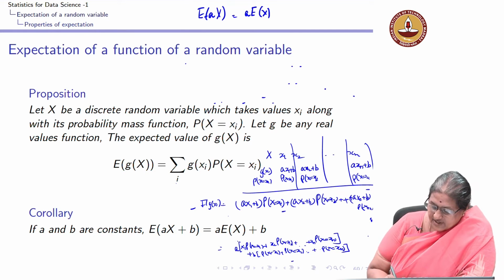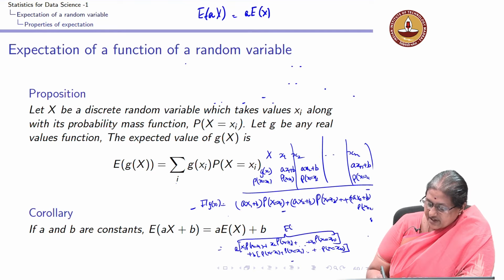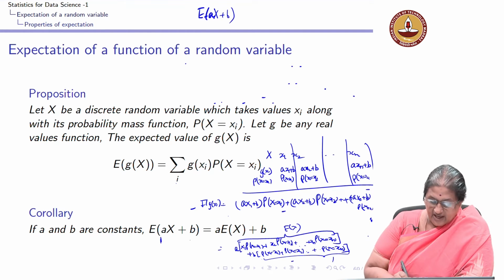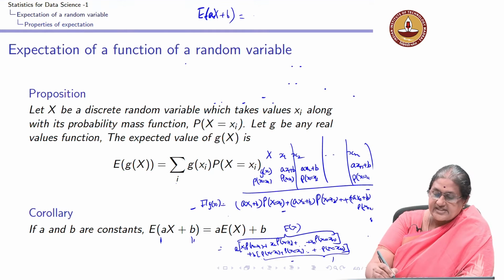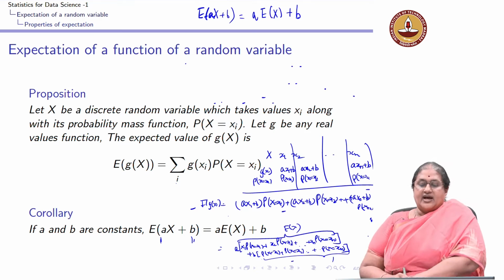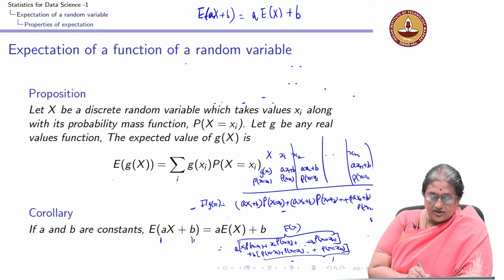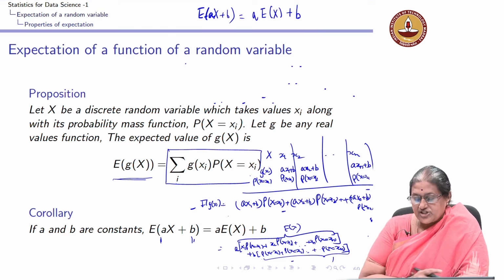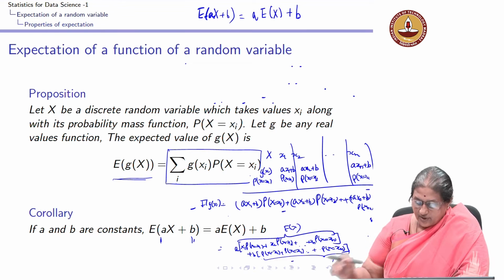The first portion is nothing but the expectation of x. The second portion is a probability mass function, so this adds up to 1. Hence, I can verify that the expectation of ax plus b, where both a and b are constants, is the same as a times the expectation of x plus b. This arises as a general corollary to the expectation of g of x being the same as the summation of g of xi into probability x equal to xi.